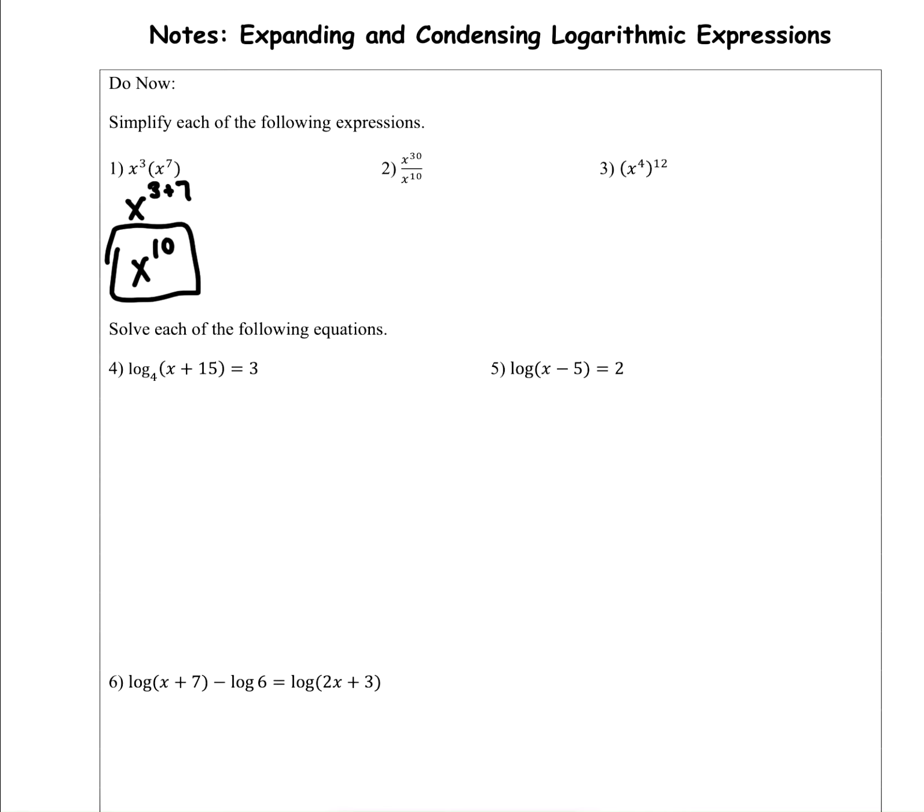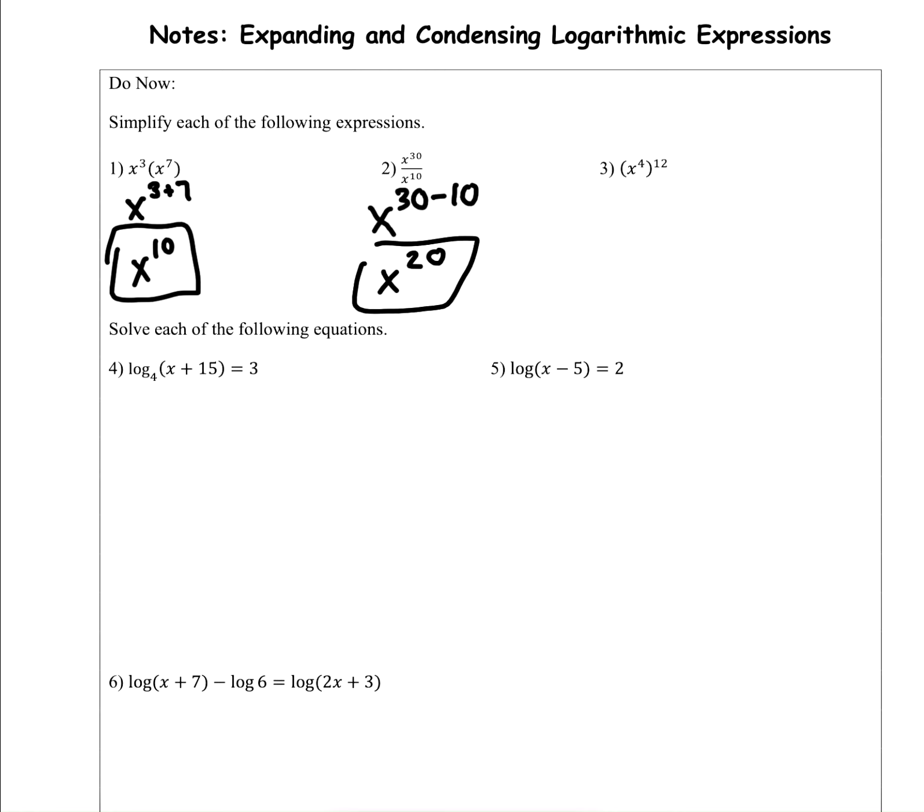The second one, what do you do to the exponents when you're dividing with the same base? You would subtract the exponents. So that would be x to the 30 minus 10. And you would get x to the 20th.